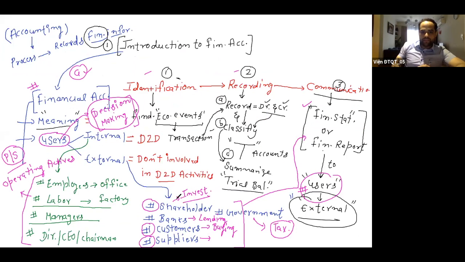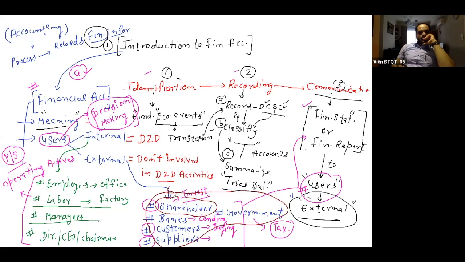Here we have different kinds of users, right? Of course, one of the most important users for a company is our shareholders, because they are involved in financial and operating decisions. They are providing funding to the organization, all right?